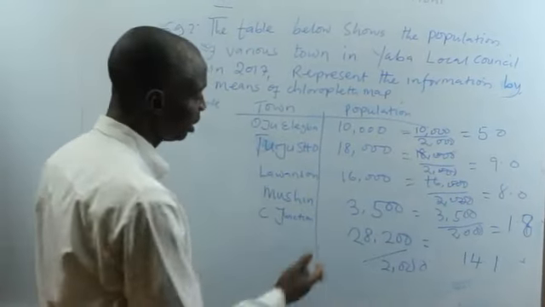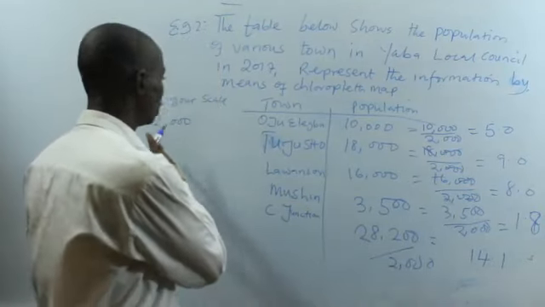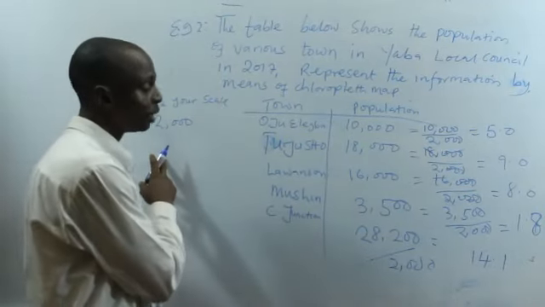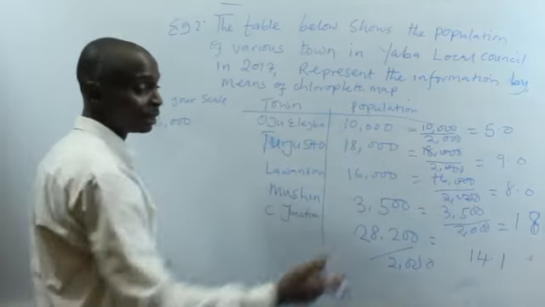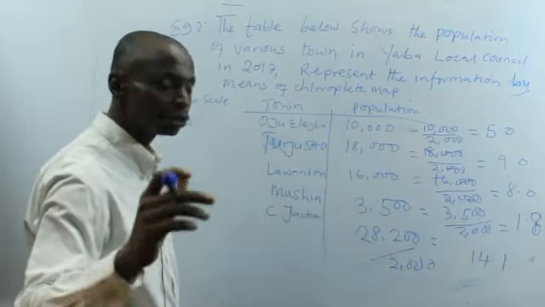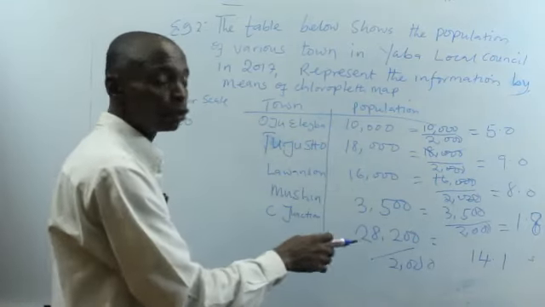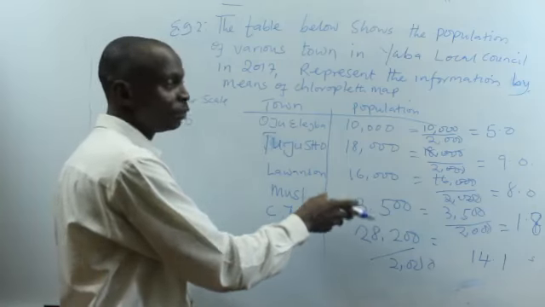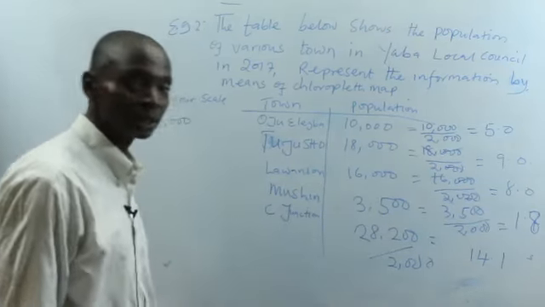If for instance we had 20,000 instead of 3,000, there is no way we would have chosen 2,000. Maybe we would have gone for either 8,000 or 6,000, as the case may be. So in the choice of your scale, look at the least figure given before you go for the choice of your scale.